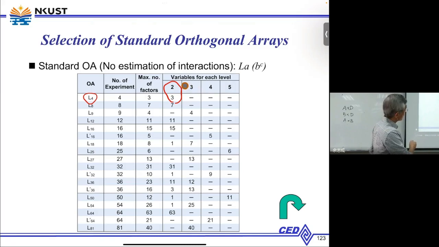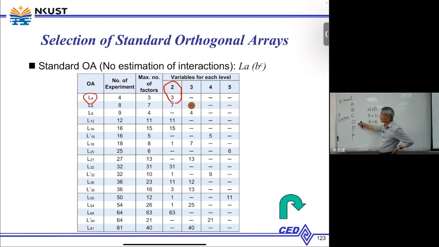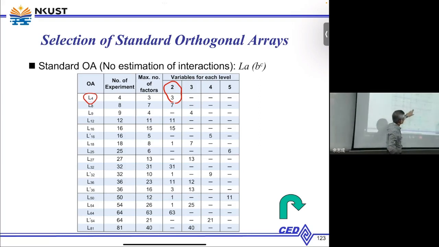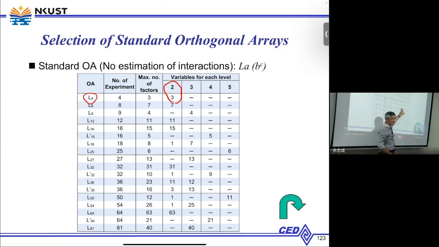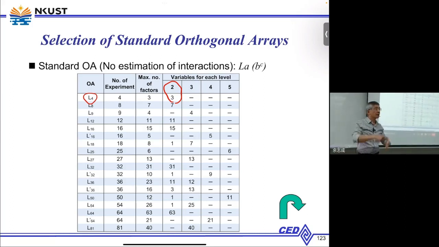So let's look at this one. And look down, we know that L9 can only be good for 4 factors, but now we have 6 three-level factors. So L9 is too small. How about L18? L18 looks okay, right? Because it can accommodate 7 columns. But remember, can we select L18?